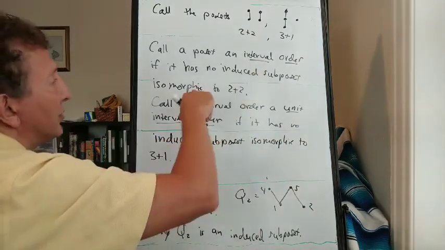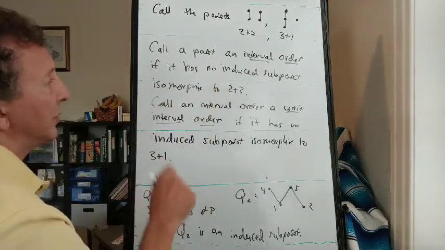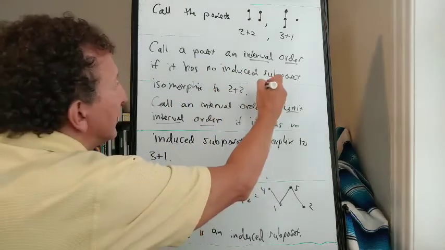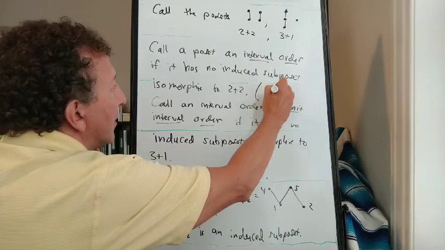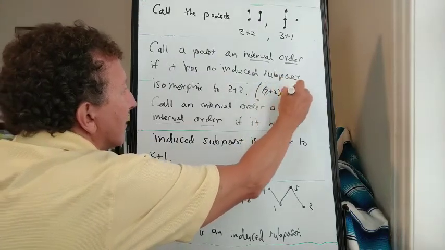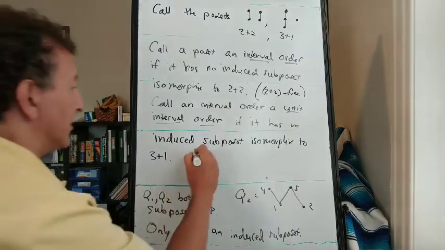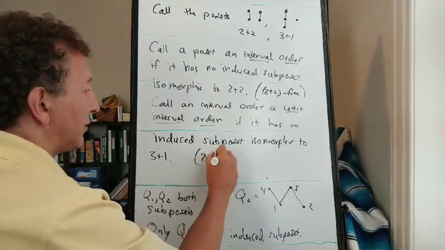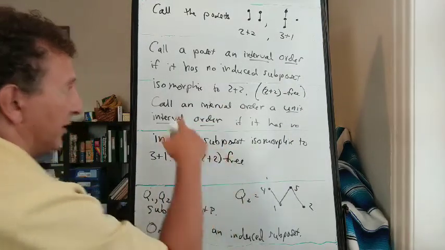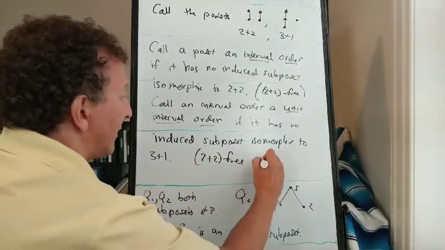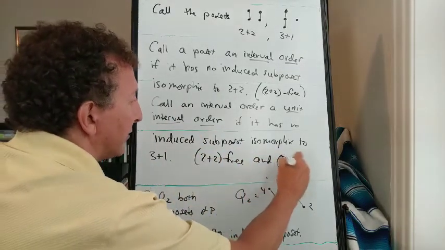We could also call a poset avoiding 2 plus 2 "2 plus 2 free." Then a unit interval order is 2 plus 2 free because it's an interval order, and it's 3 plus 1 free.